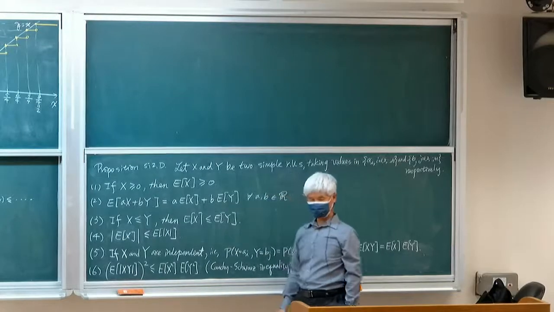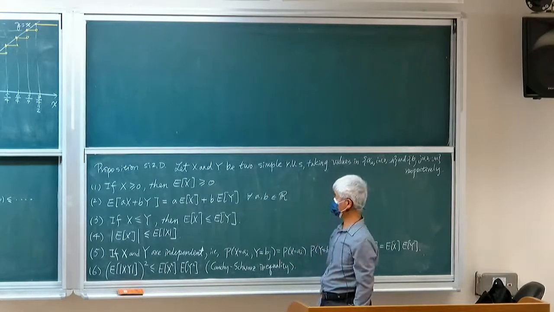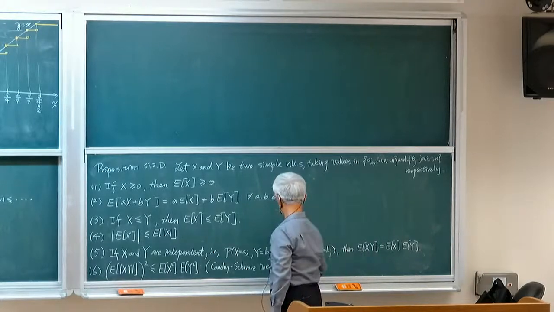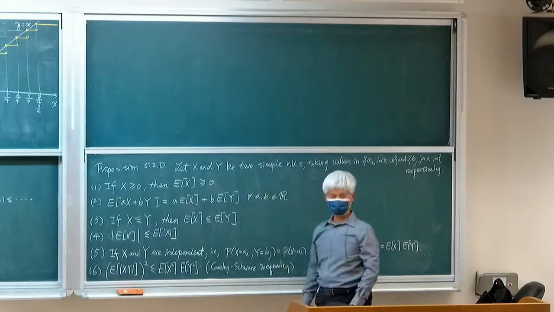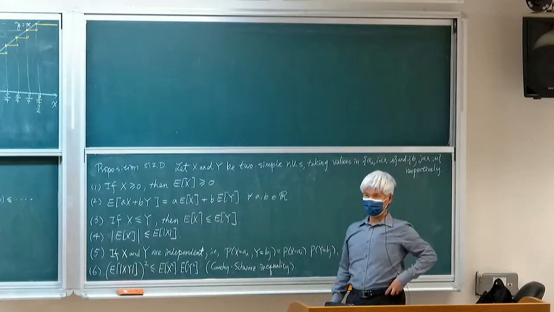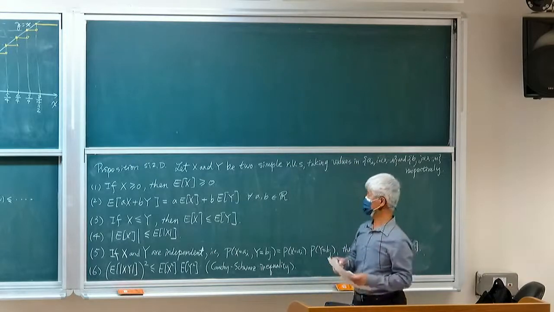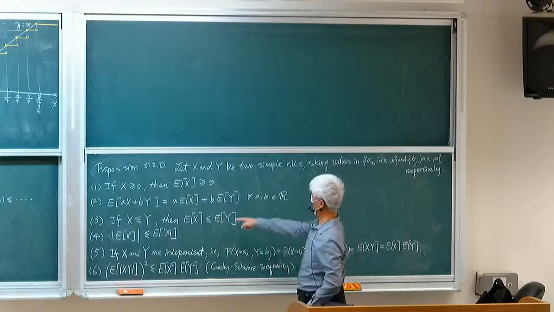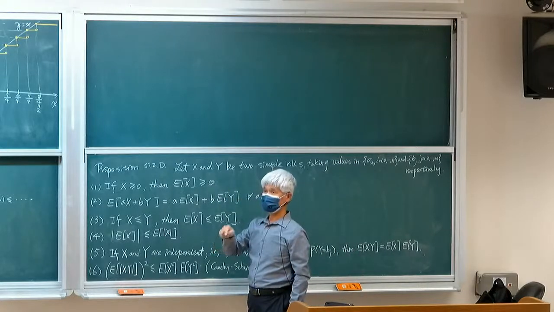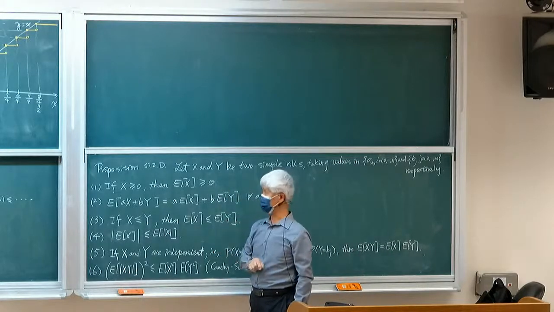All right, so there are 6 simple properties about expectations of simple random variables.